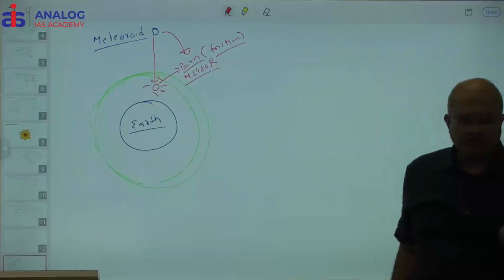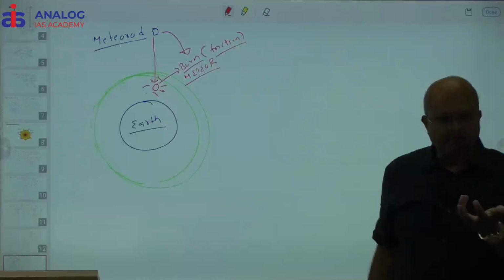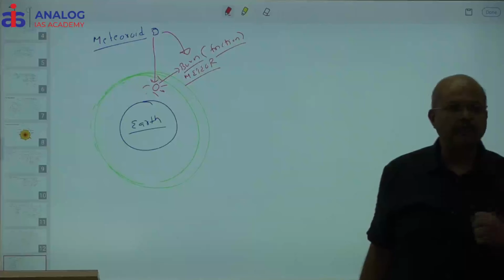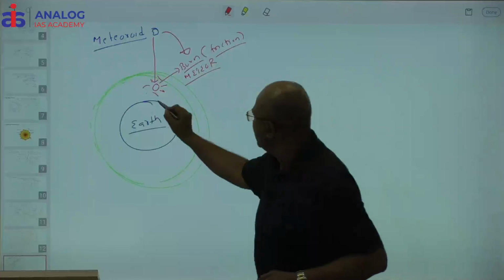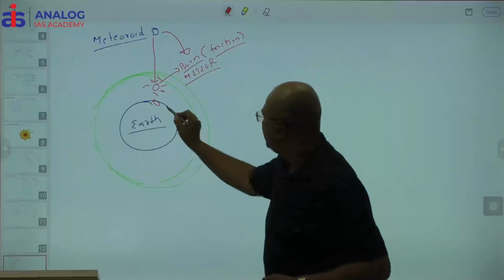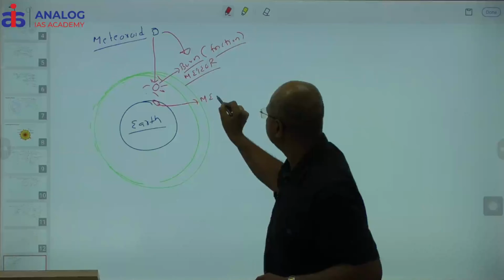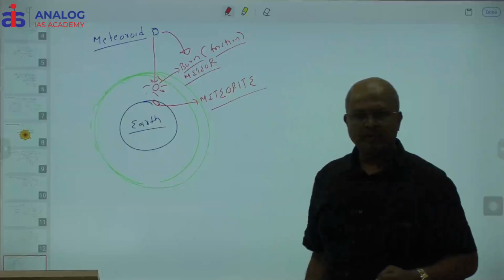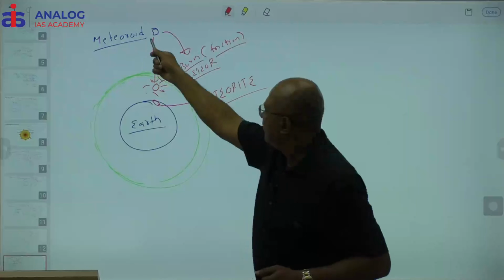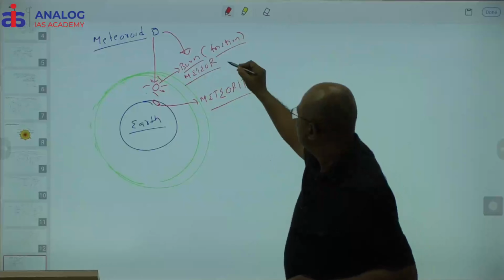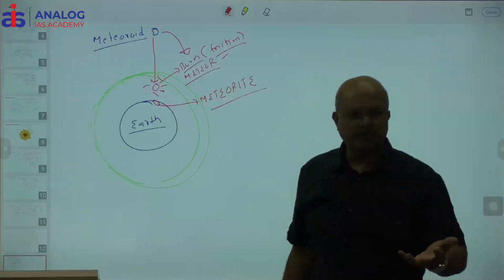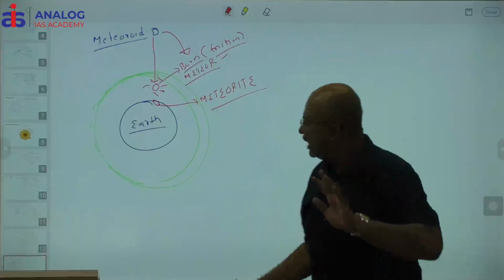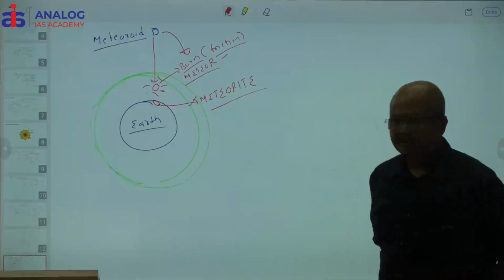Now, this meteor, depending on composition and size, may burn completely, or an unburnt meteor can reach the Earth. Now, when the unburnt meteor reaches the Earth, we refer to this as a meteorite. Meteors are also referred to as falling stars, or shooting stars.